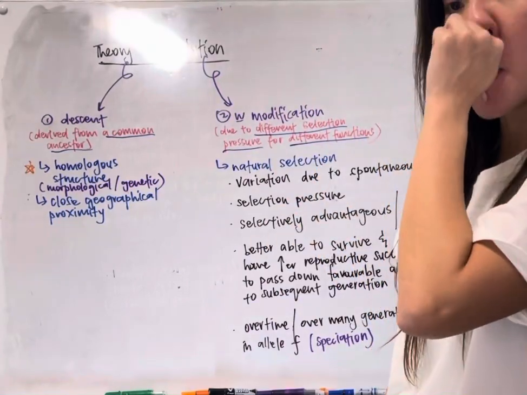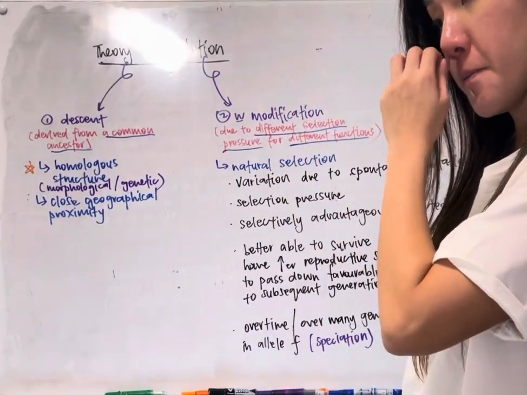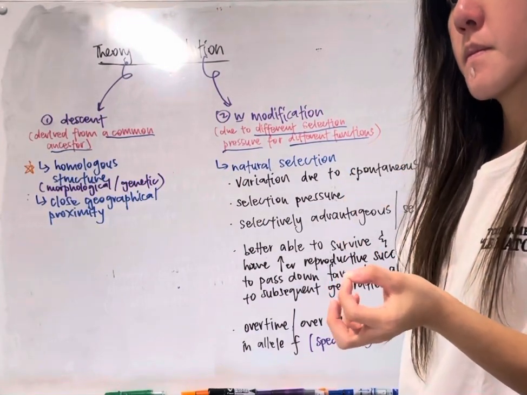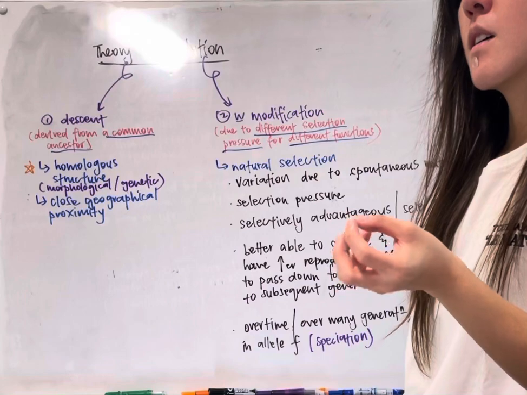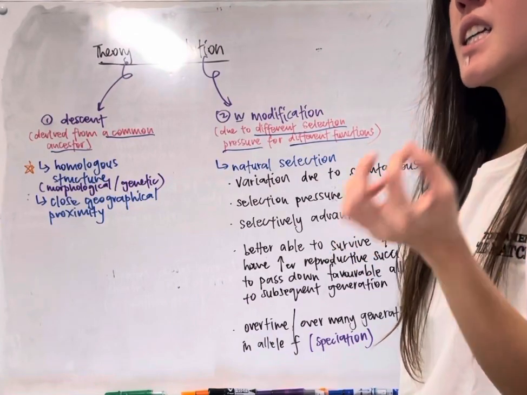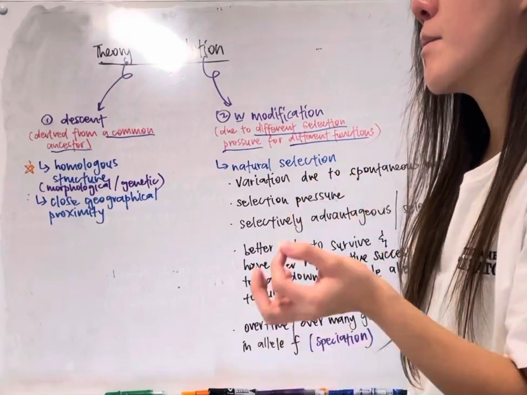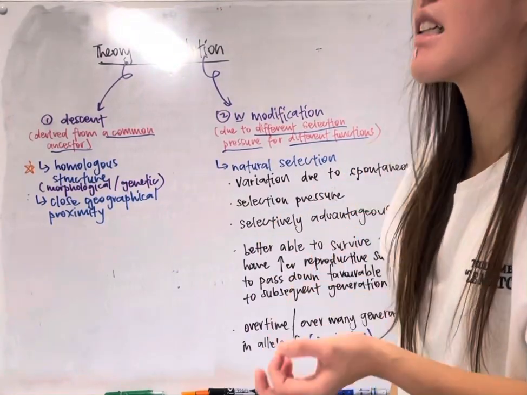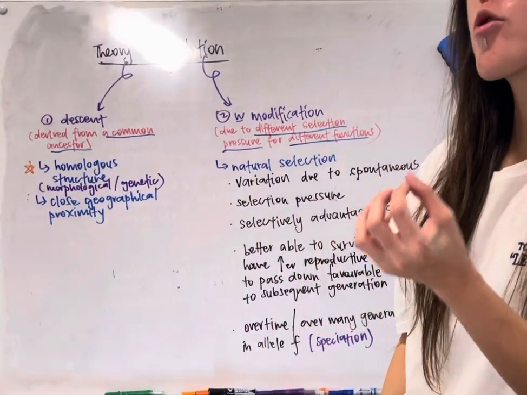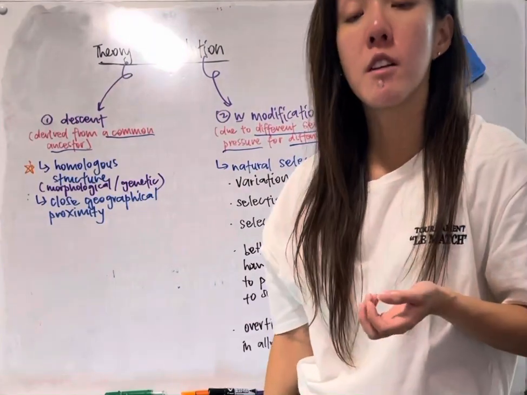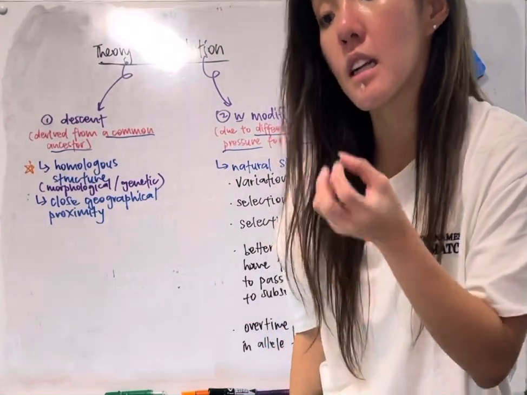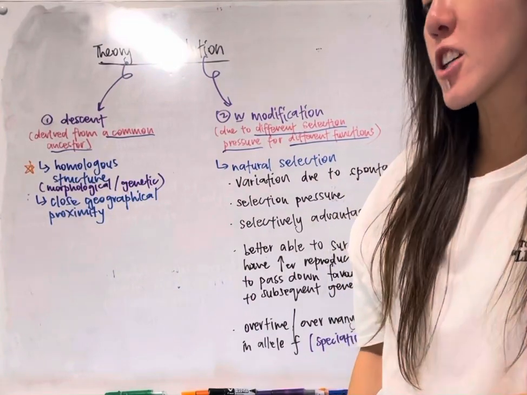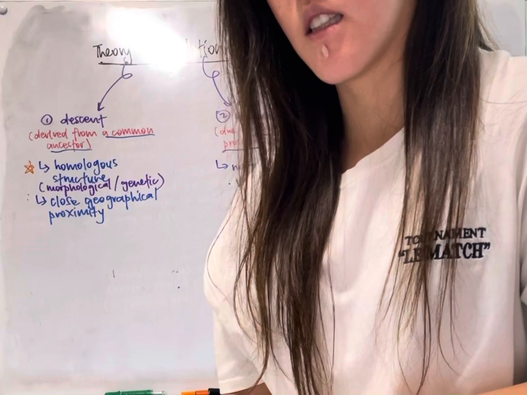The main reason is because transitional fossils reveal intermediate links between an ancestral group and its descendants. I repeat, transitional fossils reveal the intermediate link between an ancestral group and its descendants.